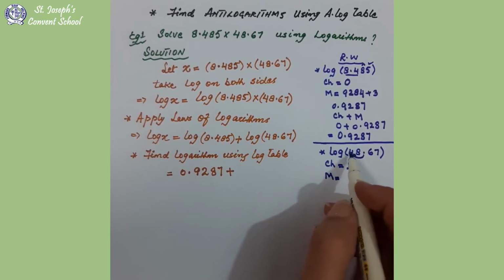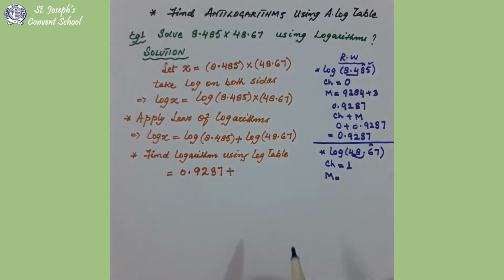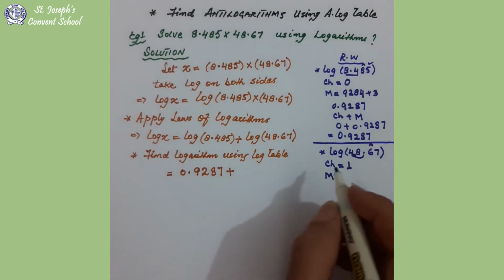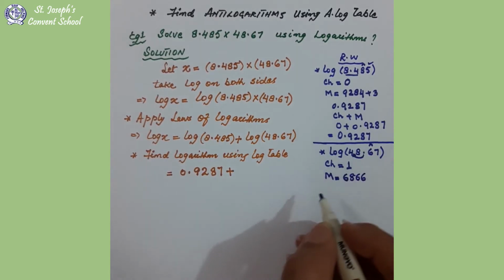So you will take two digits, 48 in column 6. Horizontally you will check 48 and from top vertically you will check column 6. Now 48 column 6 in the log table is equal to 6866. Okay.